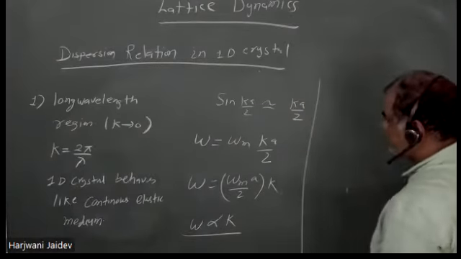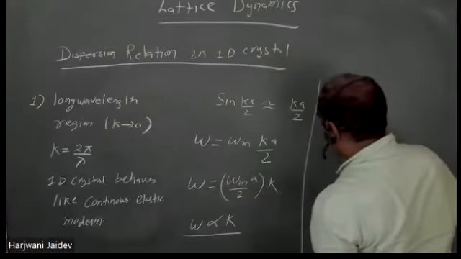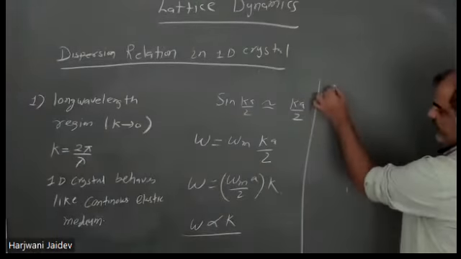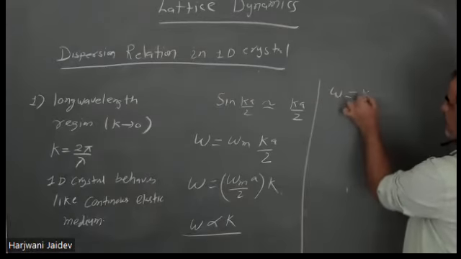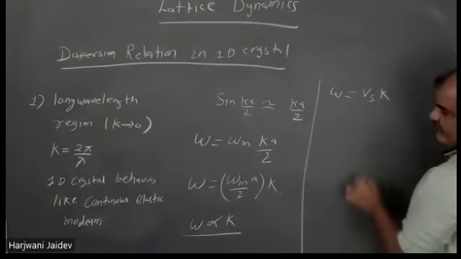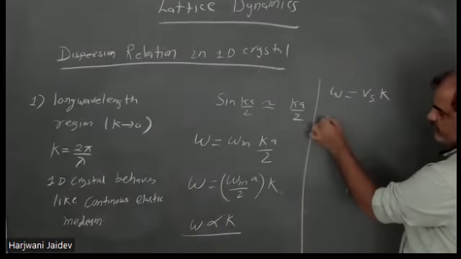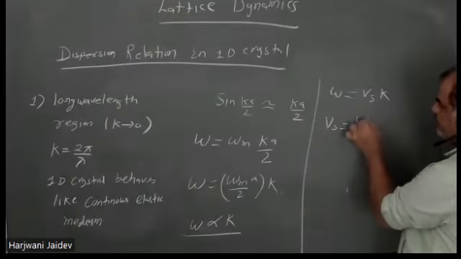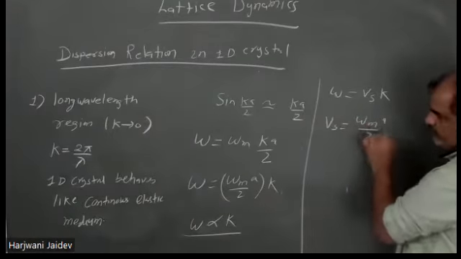Because it's proportional, we can write omega is equal to vs k, where vs is the velocity of sound. So vs is equal to vm a by 2.